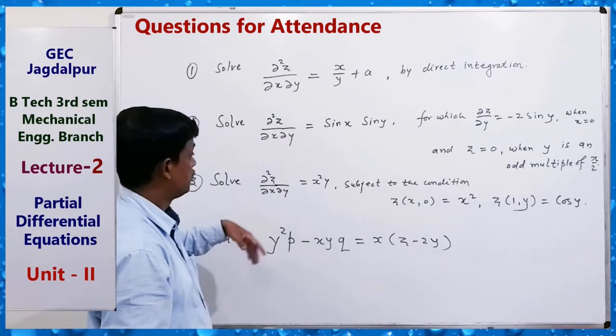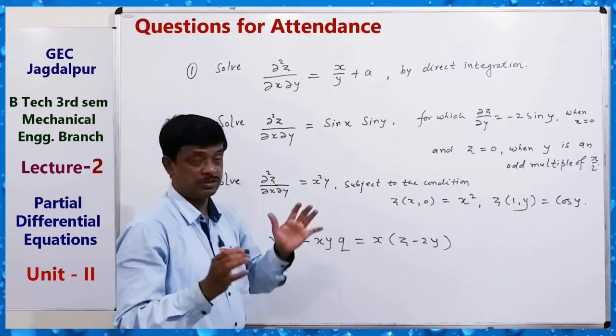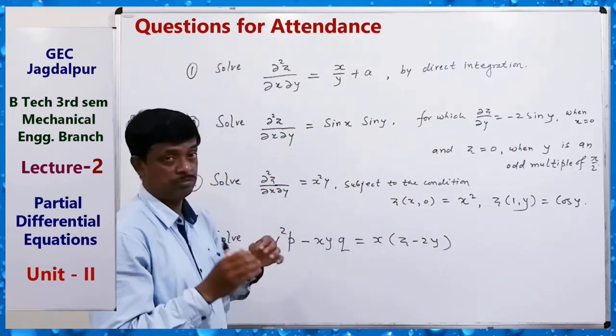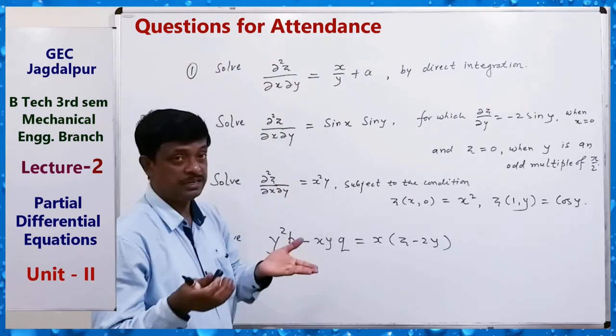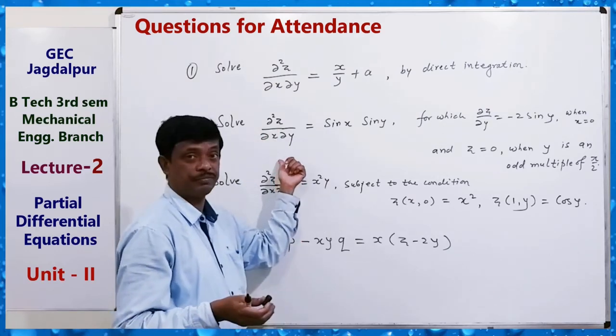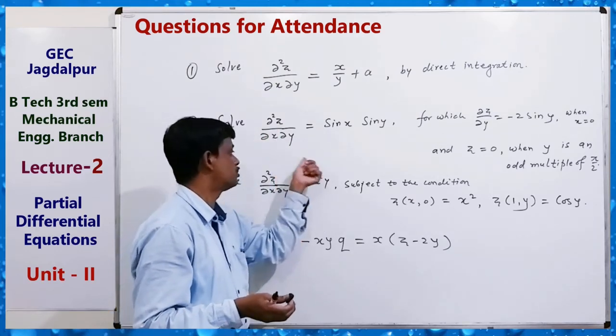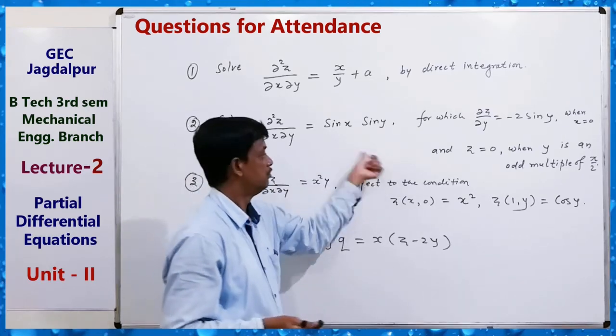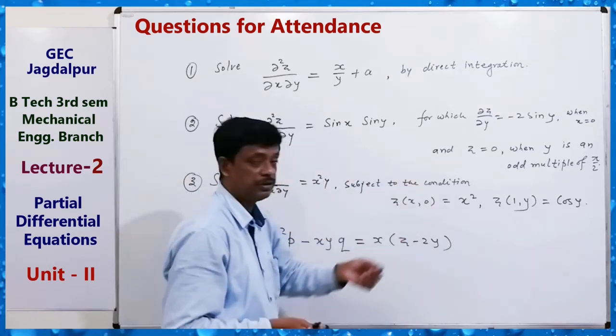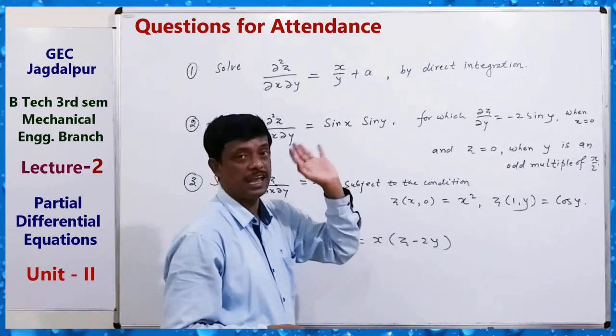Now because we have to find the solution, we require the value of z. So again integrate with respect to y, then we get z equals some value plus the constant g(x).